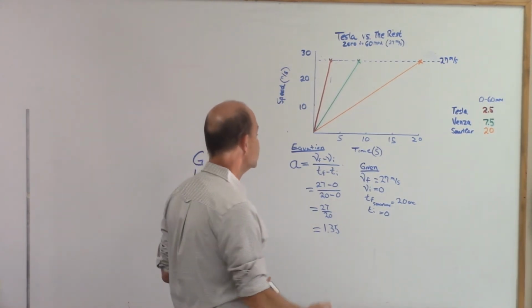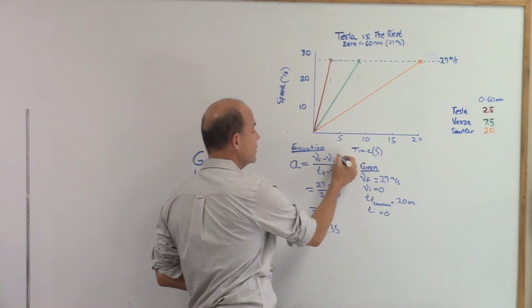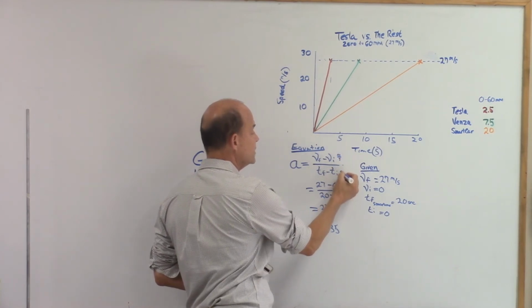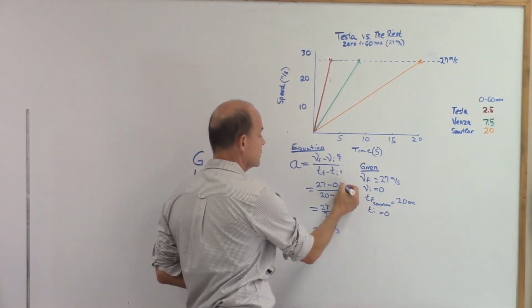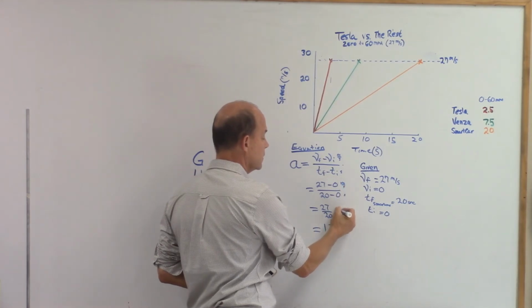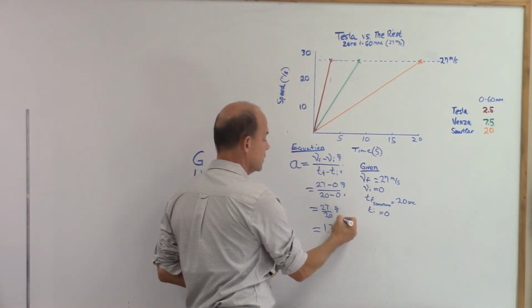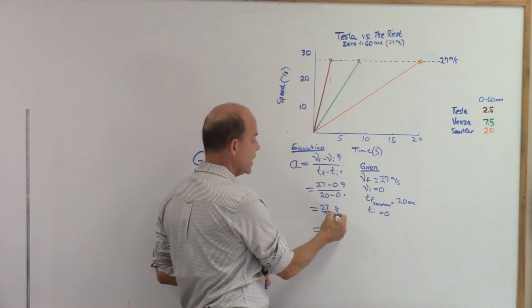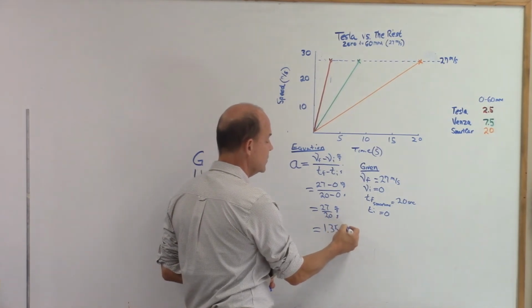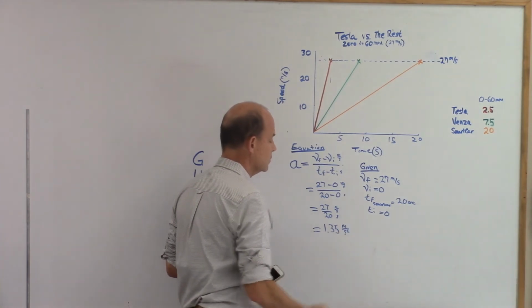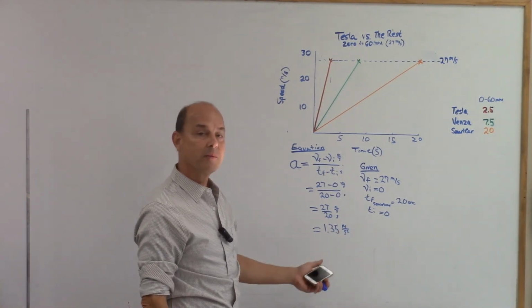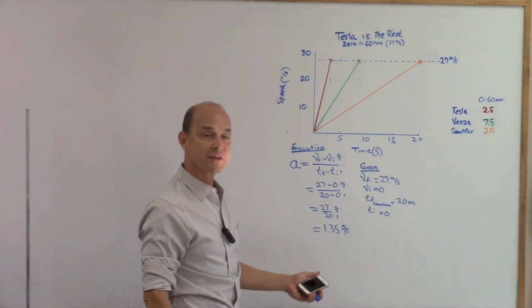We need to write units here. Speed, of course, is in meters per second, and time is in seconds. So meters per second divided by seconds is meters per second squared. Okay? 1.35 meters per second squared.